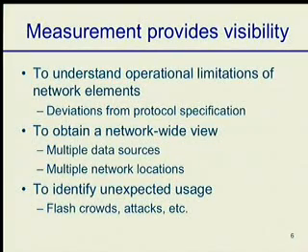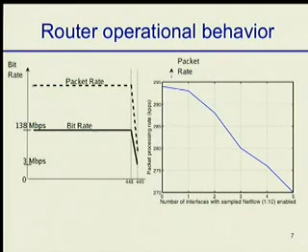So I will show a very simple example of how measurement can provide visibility into the behavior of network elements. In general, you really want to understand a network from many different vantage points and many different data sources. Being able to detect unexpected usage is very important from the measurement perspective. So we did some measurement of a real commercial router.